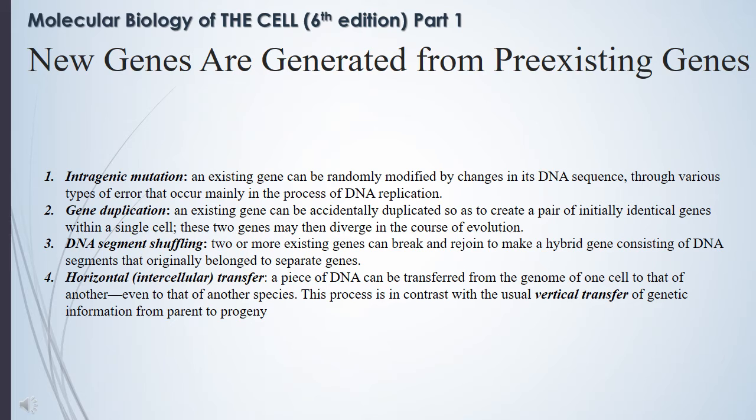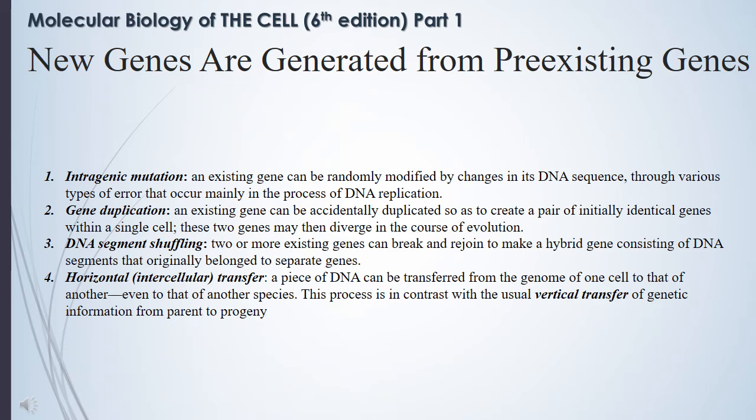Another form of change in DNA is known as DNA duplication, in which basically a pre-existing gene is accidentally duplicated. And that creates a pair of identical genes within a cell.